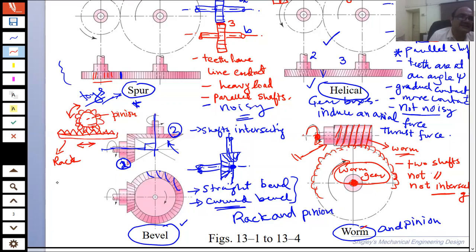So basically, these types of gears are used to change rotational motion to translation.